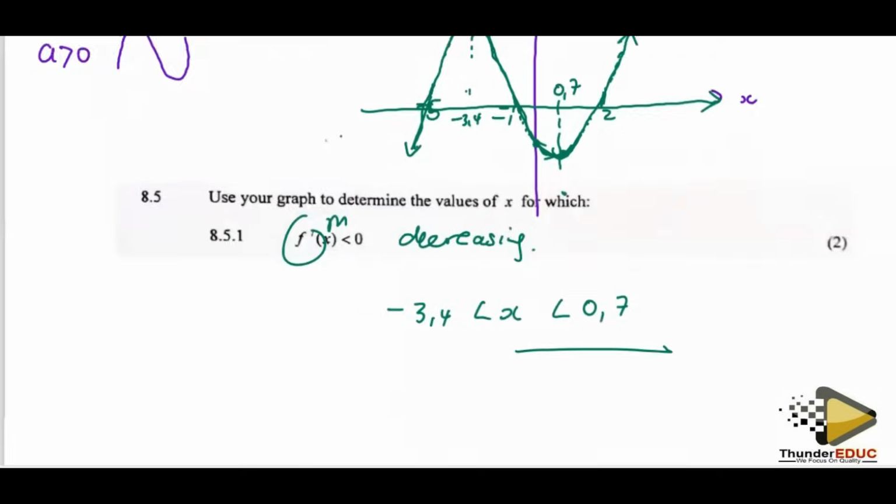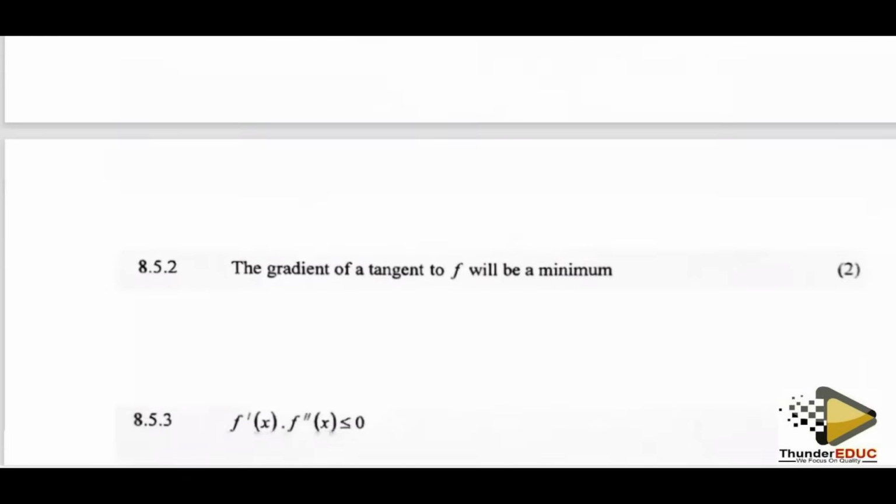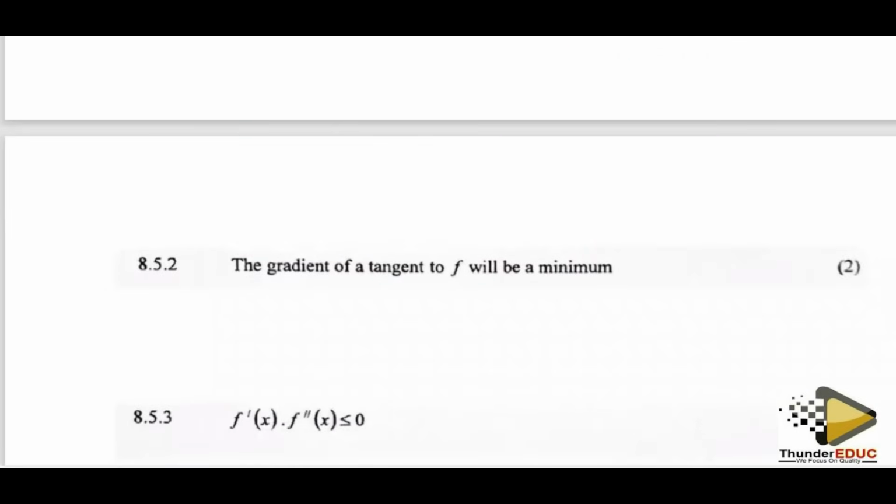Then the next question, that is 8.5.2. They're telling us the x values at which the gradient of the tangent will be minimum. So for any tangent to have a minimum gradient, it must occur at the point of inflection. Okay.